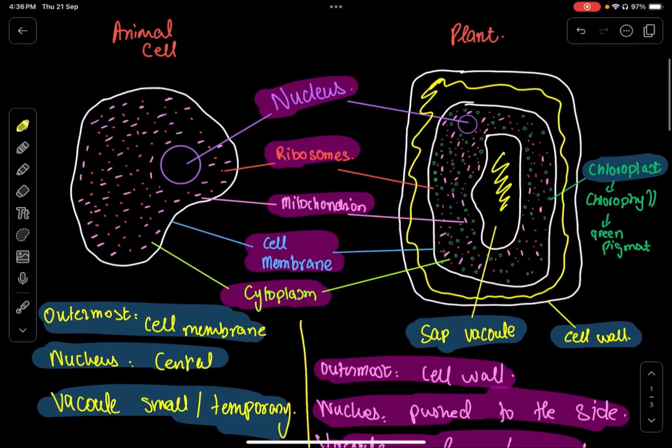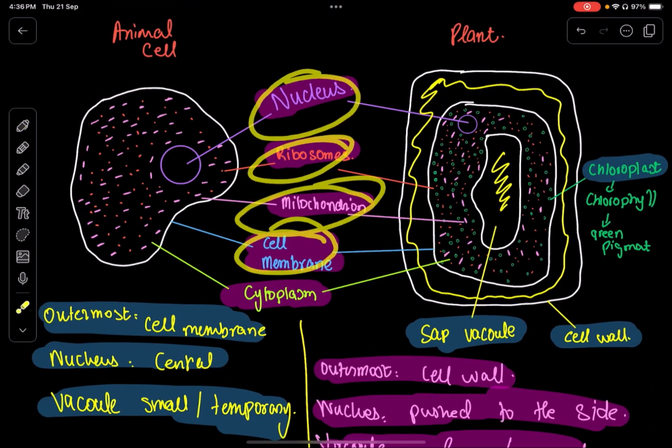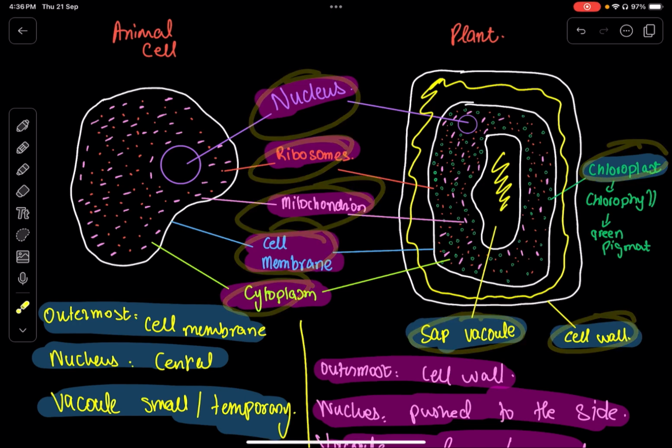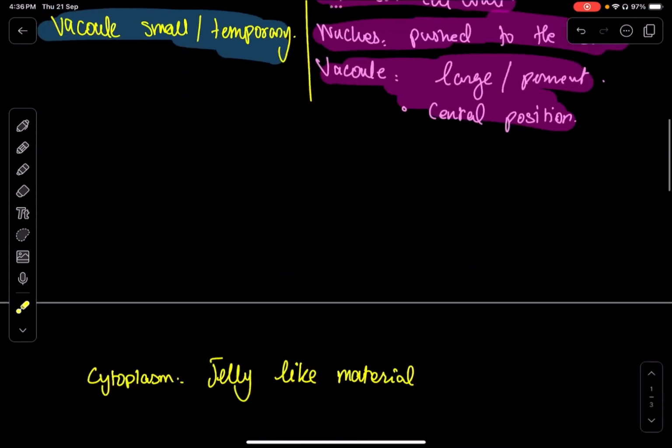Now moving further, what is the cytoplasm, one may ask. Cytoplasm is a jelly-like material. It holds everything together: your nucleus, ribosome, mitochondria, cell membrane, sap vacuole, cell wall, chloroplast, all of it within a cell.